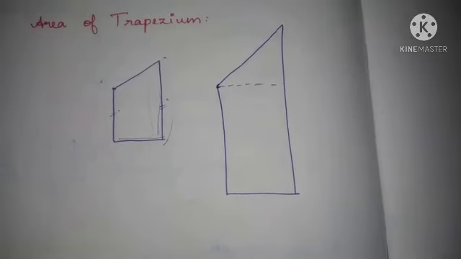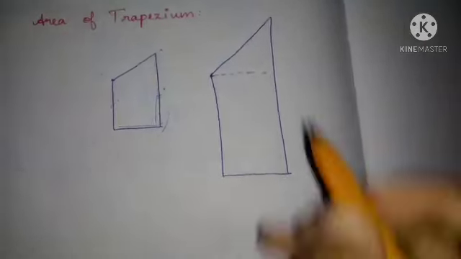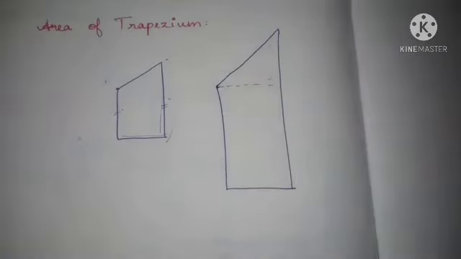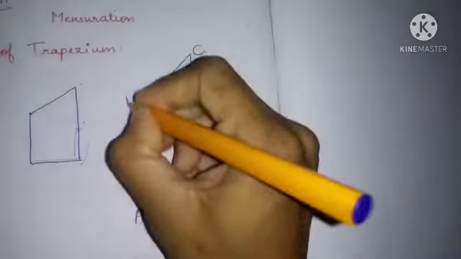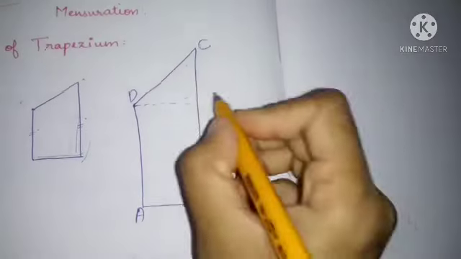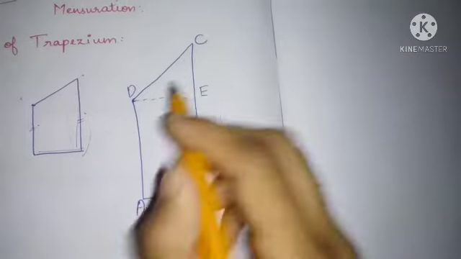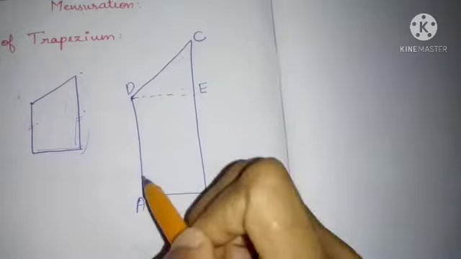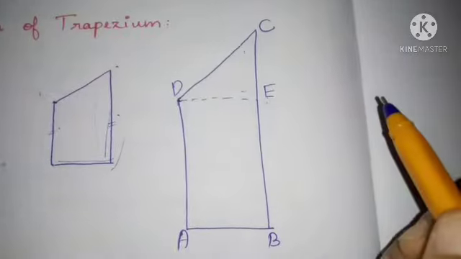The same way this trapezium diagram we are going to divide into one triangle and one rectangle. Okay, so actually ABCD is a trapezium. In that I am going to draw one line DE. If I draw one line DE, this trapezium will divide into two types. One is triangle, another is rectangle.